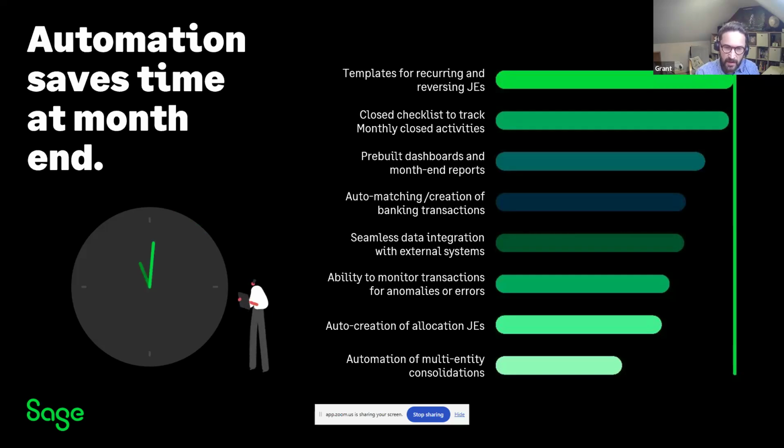So respondents ranked the highest time savers to be templates for journal entries, pre-built dashboards and reports, and having an automated close checklist to keep track of those close activities.